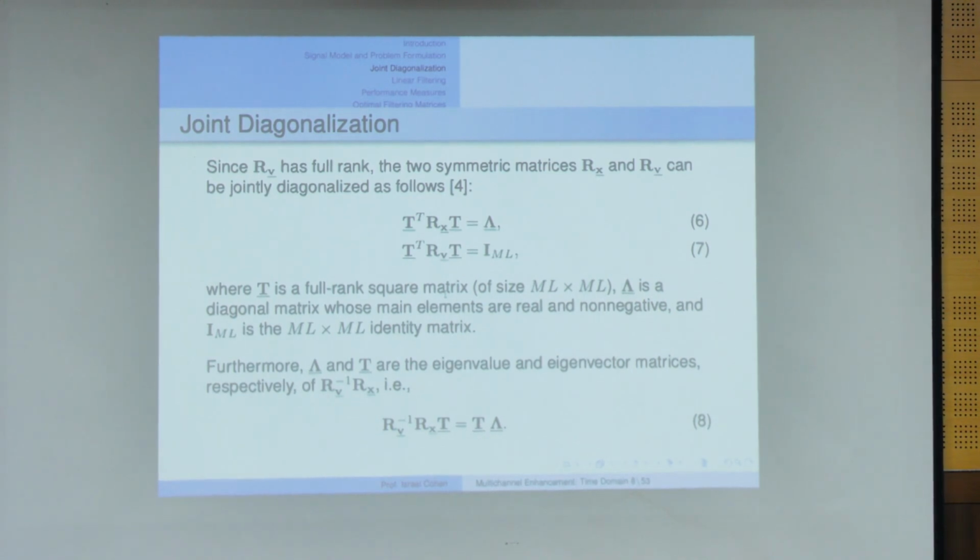Note that if we just diagonalize a certain matrix, we know that in the eigenvalue decomposition the eigenvectors are orthonormal, so the inner product between them is 0. But here, it's a full rank matrix, so it's not the same. There are other properties.